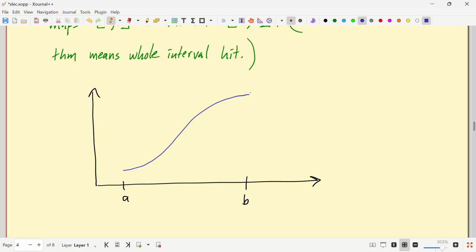The value of f at little a is big A, and the value at little b is big B. I just showed you that that map is onto because of the intermediate value theorem.